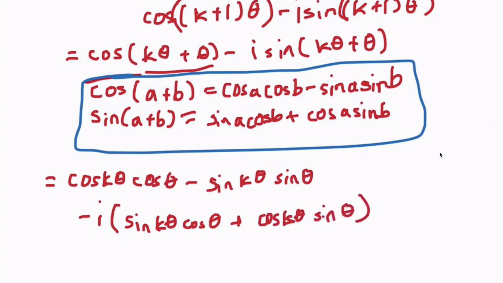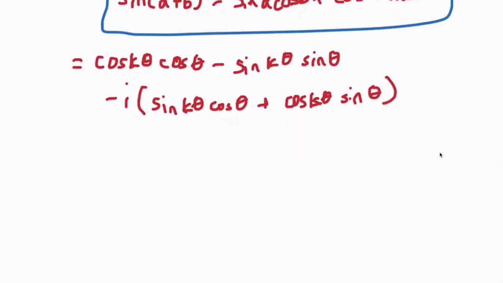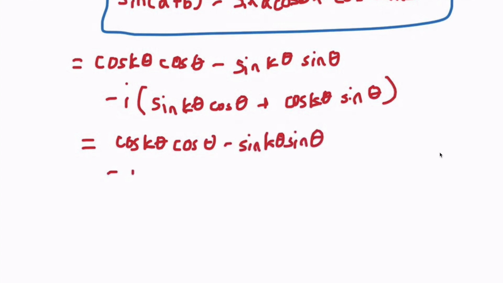All right, hopefully that all makes sense so far, and we're reaching the end of our proof here. Finally, we're just going to distribute the i's, so we're left with cosine k theta cosine theta minus sine k theta sine theta minus i sine k theta times cosine theta minus i cosine k theta sine theta.